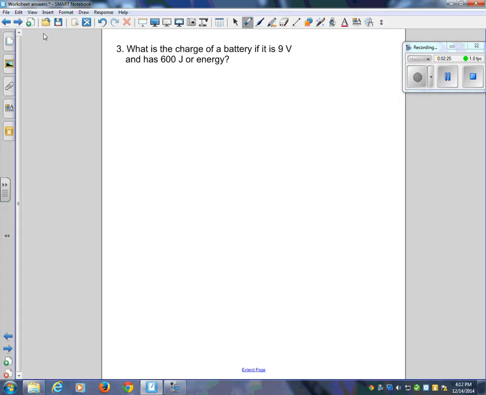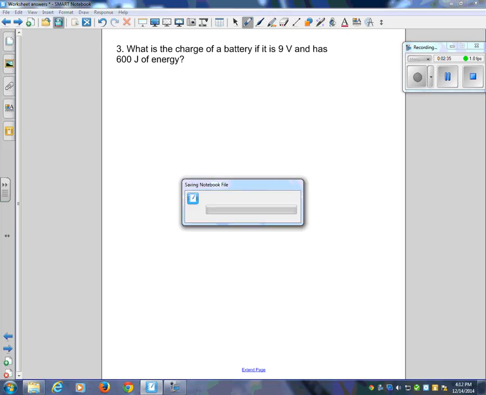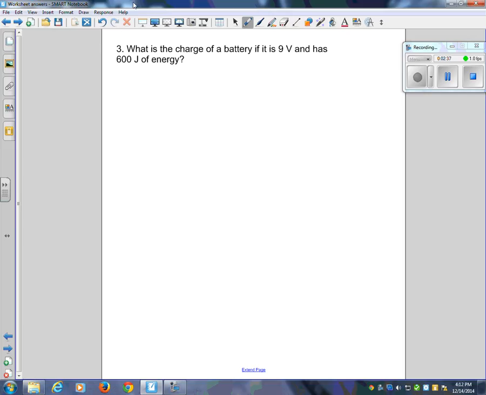What is the charge of a battery if it is a 9-volt battery and has 600 joules? That should be of energy. Fix that right there. So we know that the voltage is 9, the energy is 600, and we are looking for total charge, question mark.